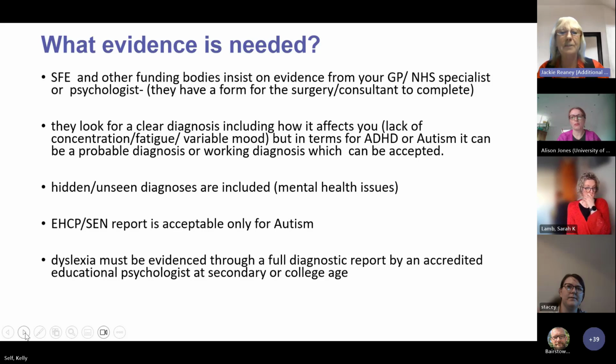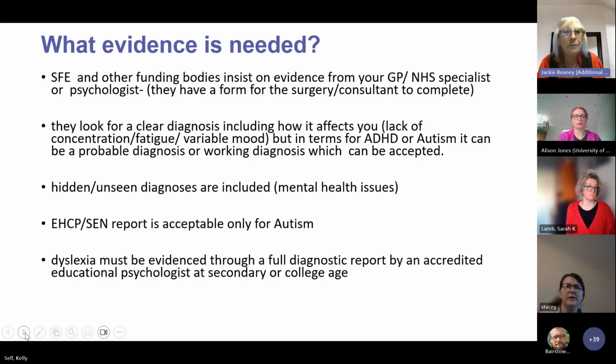It doesn't count for as much when you get into the HE side of things. So for an educational health and care plan, we as disability advisors would absorb that information so that we can build our levels of support for the learner to continue to be supported around that. But the document itself isn't acceptable as evidence for anything other than autism.